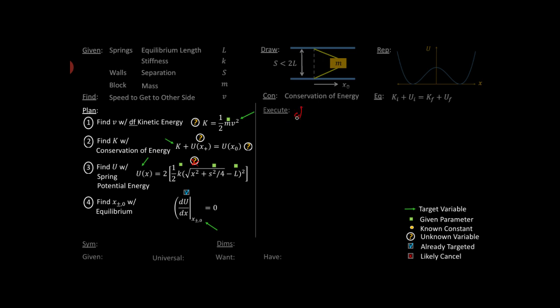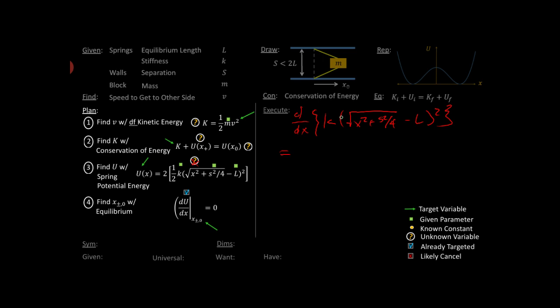So I want ddx of k times the square root of x squared plus s squared over 4 minus L squared. And I want to just do that for you. So let's see, what's the first thing we do?